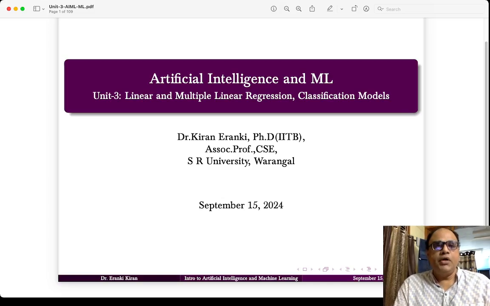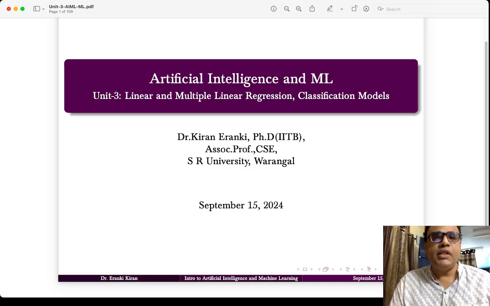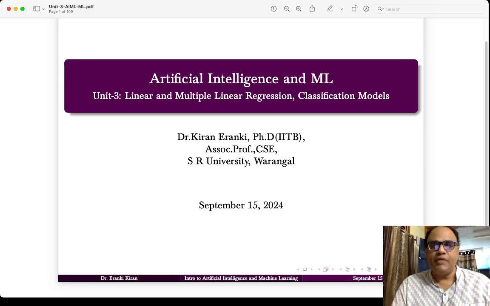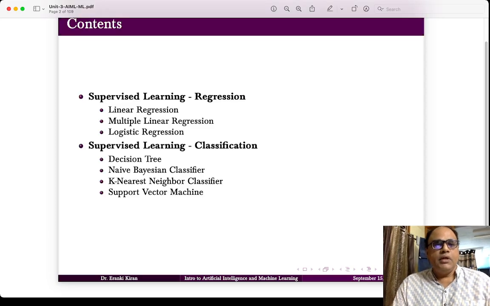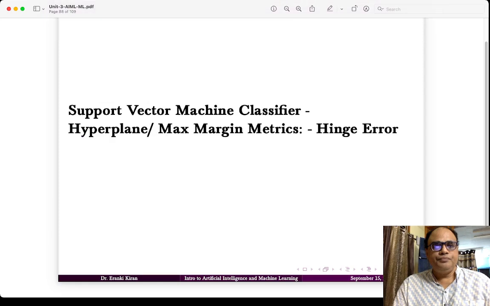Okay, good morning all. So we will now discuss the next classifier model in the supervised learning approach, that is called the support vector machine. The support vector machine classifier is a classifier which mainly classifies the data based on a hyperplane.